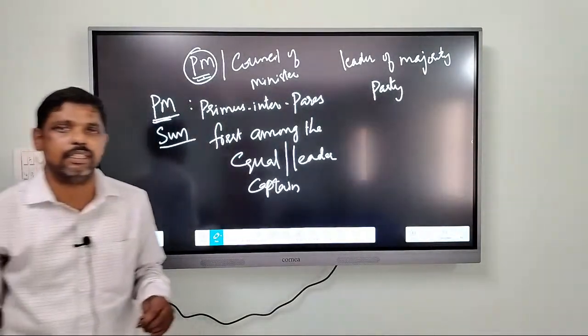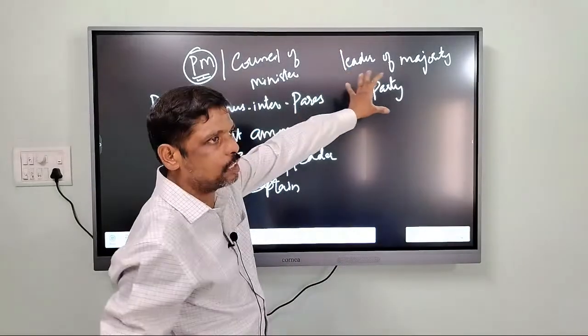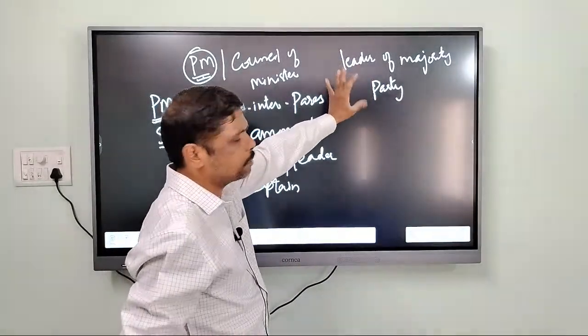The one who is elected as the leader of the majority party is appointed as the prime minister.